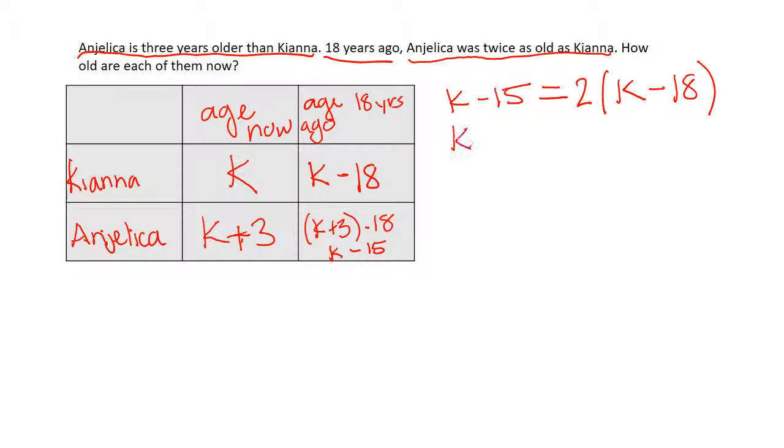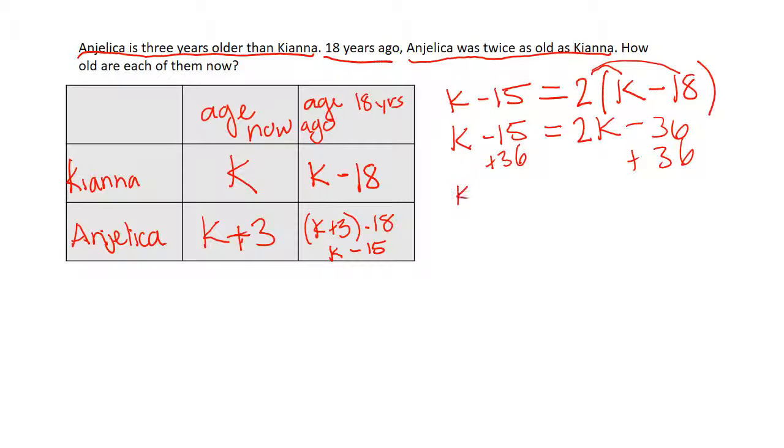Again, remember to copy down every piece of the equation each time we go through it. So we can distribute this 2, so we have 2K minus 36. And now we can combine like terms, so I'm going to add 36 on both sides.